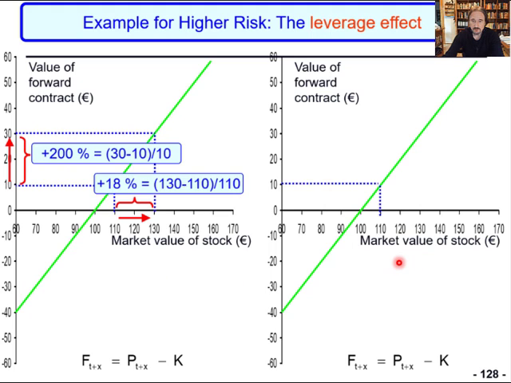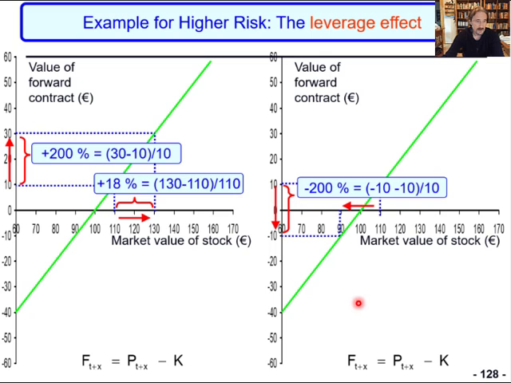But if the market price of the underlying asset, the stock, falls, let's say to 90 euro, then the market price of the forward contract falls to minus 10 euro, as the formula we have just discussed tells us. So this implies now an investment return of minus 200%.